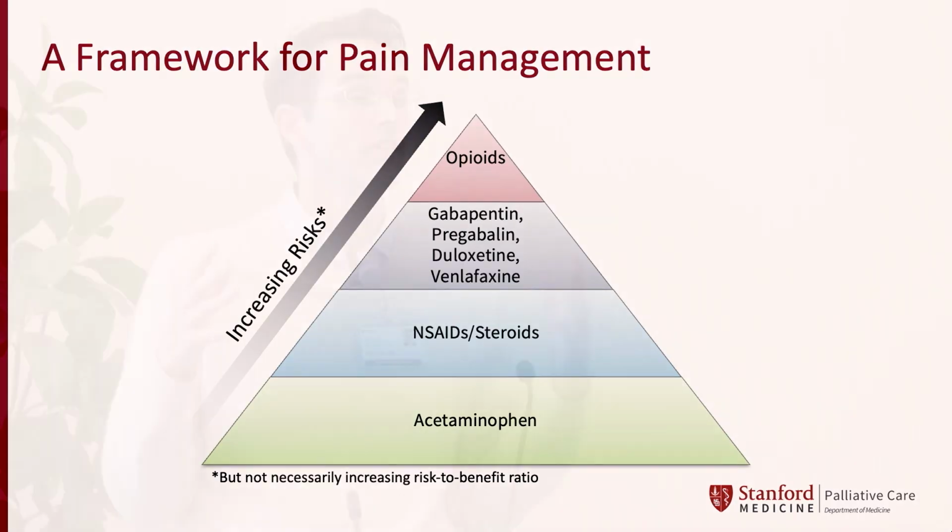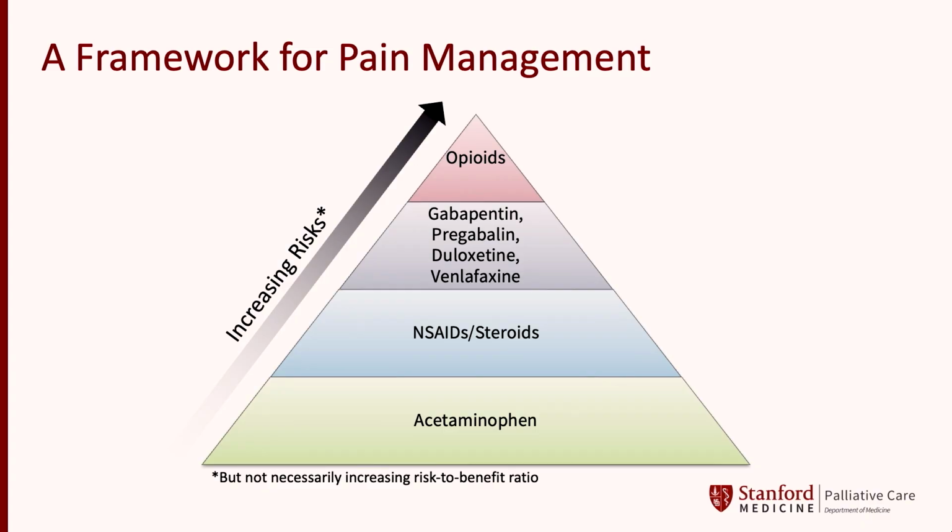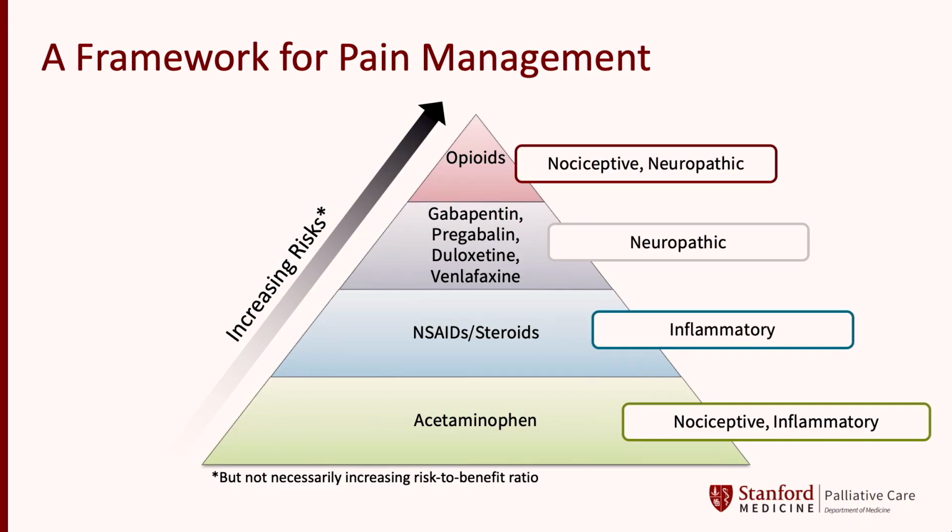We just think about this whole pain management plan together, and this is a framework I try to keep in mind. Like Jake and Amy were saying, we try to think about, well, what's the etiology of this pain and what's happening in the body? So overlaid on this pyramid, I'm often thinking about what's causing the pain and what these medications target.